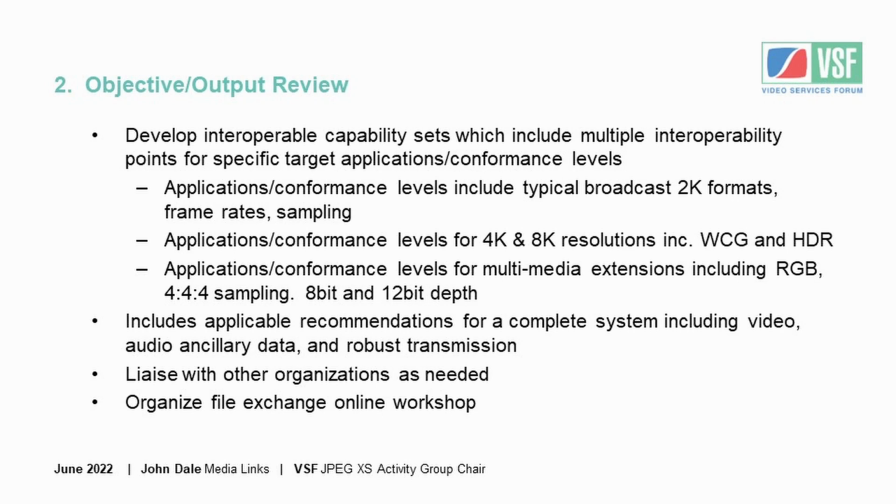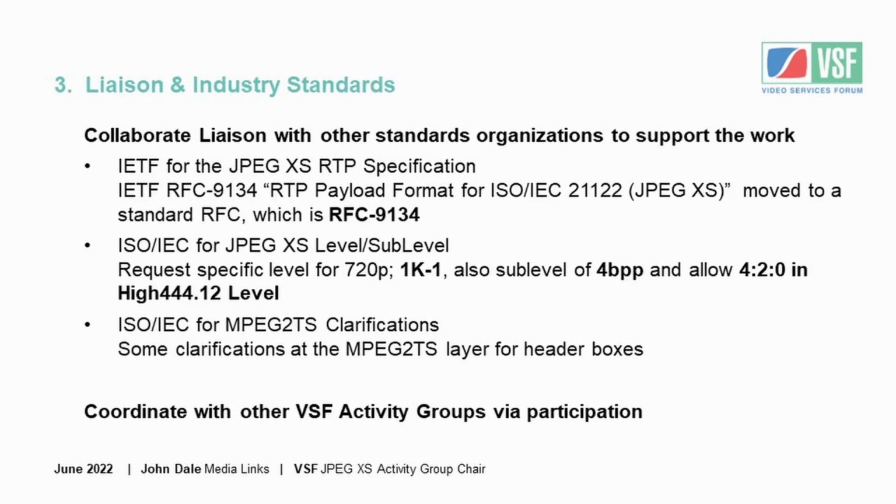We also liaised with some of the other standards bodies, because we found some inconsistencies in the documents that we were referencing. So we worked with the IETF and with ISO/IEC. We had members on our team that were in those groups, so we were able to liaise with them and make some changes to their documents.